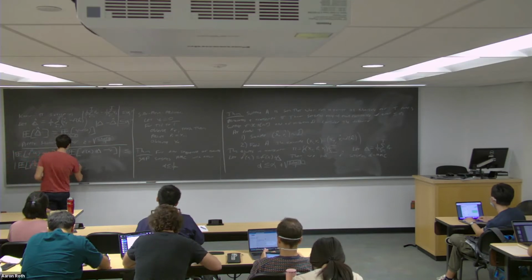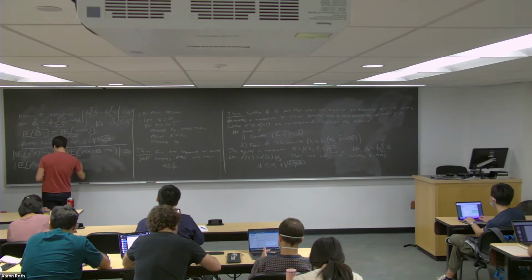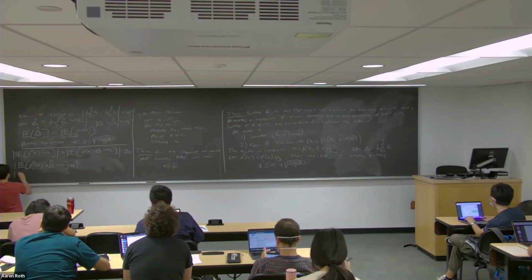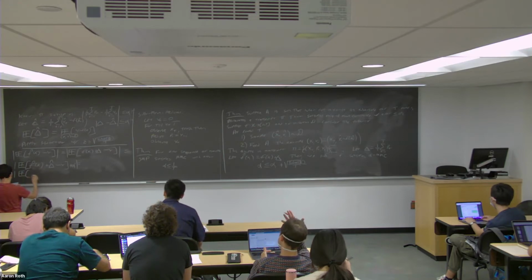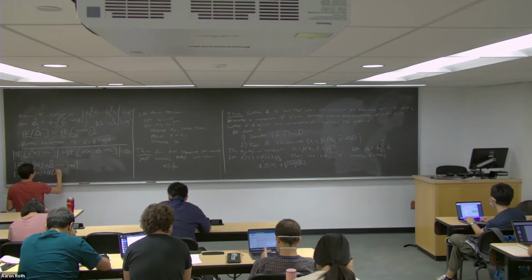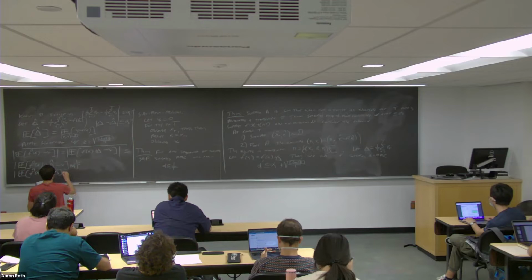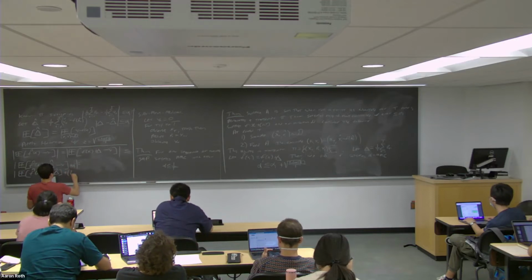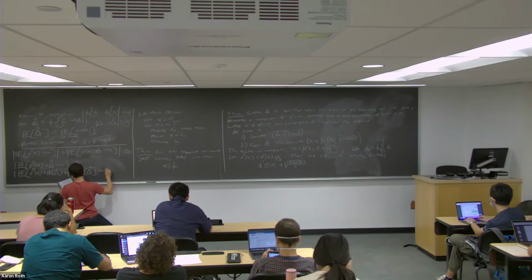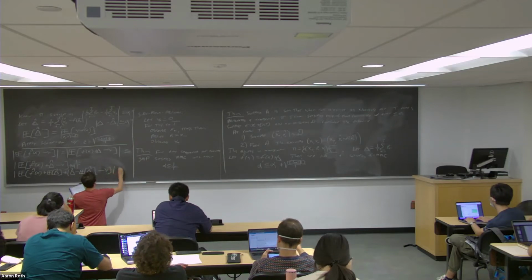And this is just the expectation of f hat of x plus the expectation of delta hat, plus delta hat minus the expectation of delta hat, minus y, plus alpha.